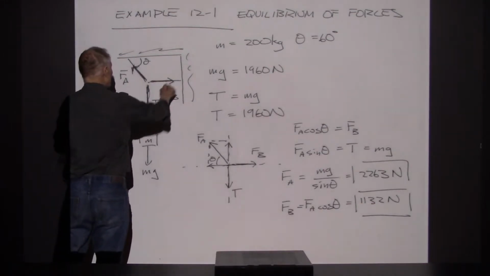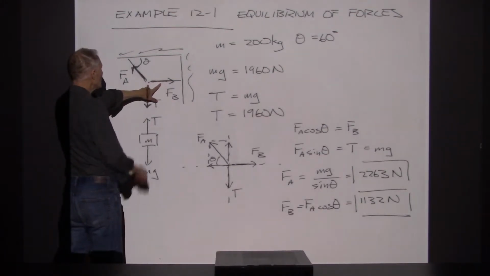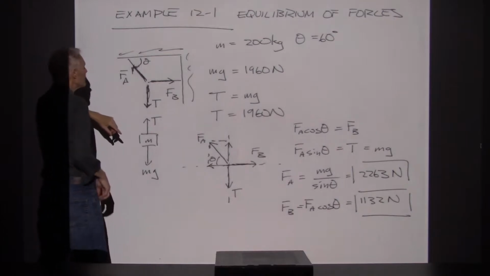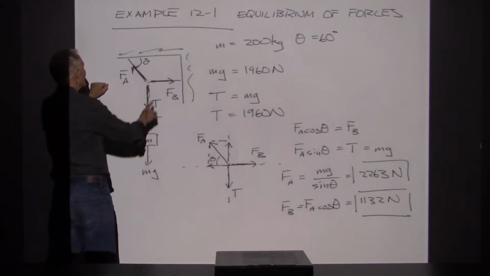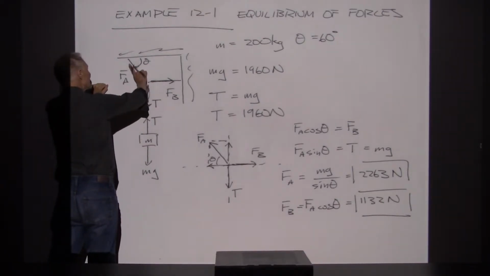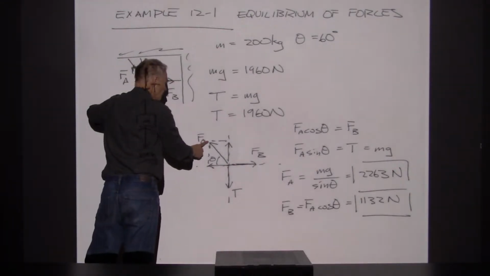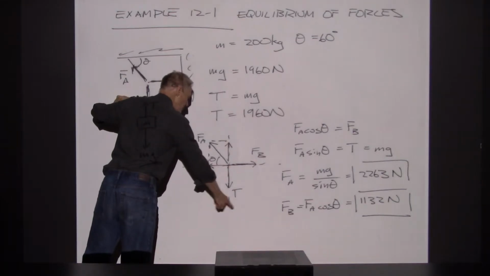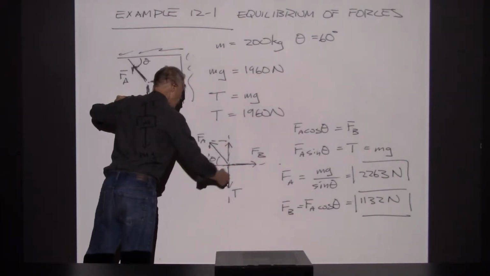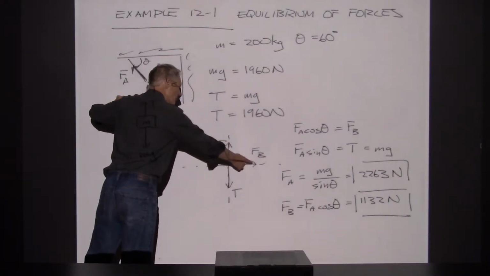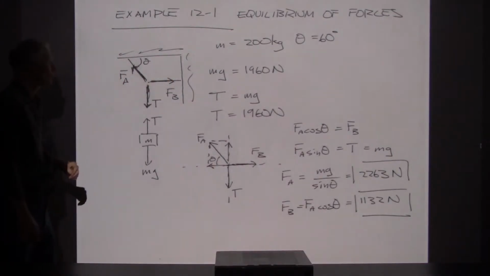Well, it was by taking this side cable and pulling it to the side. And what happened is that now, instead of this cable by itself supporting the weight, this cable needs to be able to support the weight of the chandelier, the gravitational force, but it also needs to be able to offset that force FB.